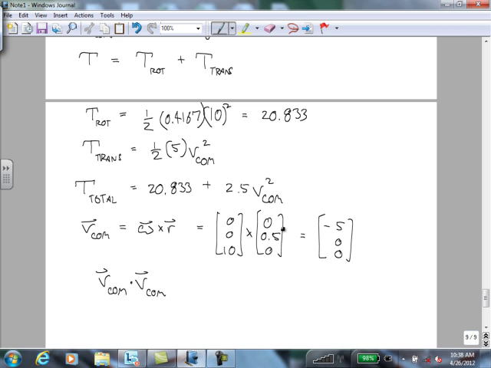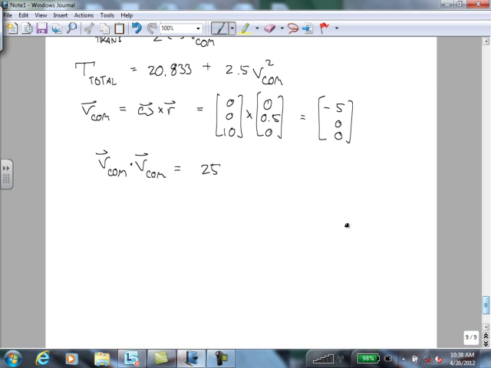Dot these, and you get 25 meters per second squared. Plug that into T total, and you get 20.833 plus 2.5 times 25, the same thing. And that's good.